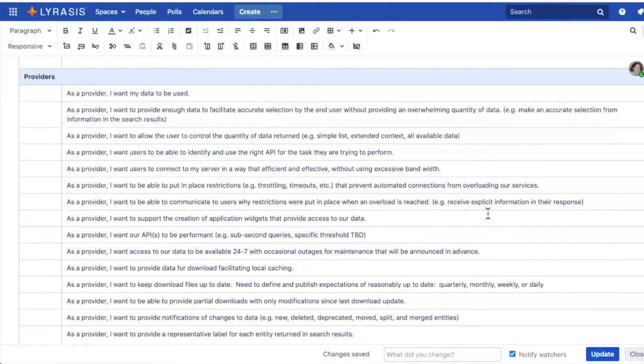And I give the example of receive explicit information in the response to their query. How is that? Sounds good. Sounds good, yeah. Probably not mandatory, but nice to have.